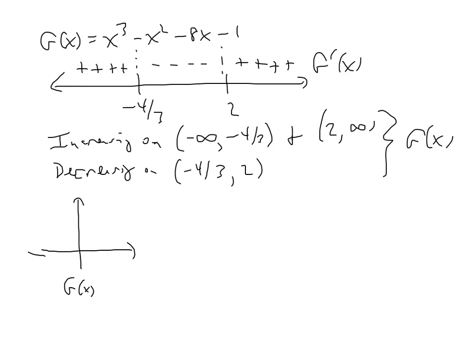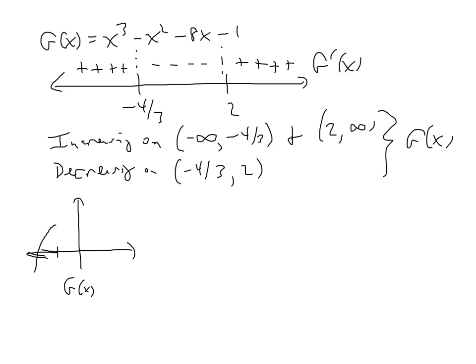Just from this work here, I don't really know anything about where the y-coordinates are, but I do know that the graph is supposed to first increase for values of x up to -4/3. So if this is -4/3, the graph ought to be going up until it gets there.